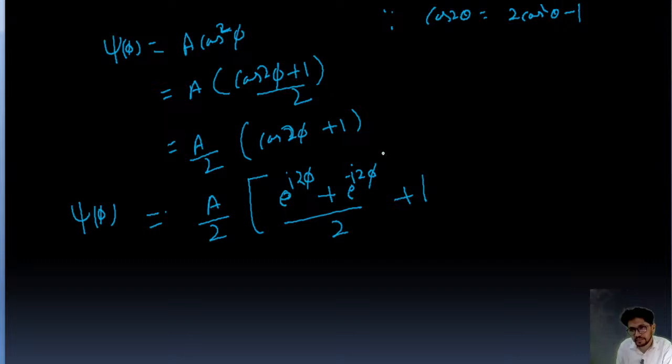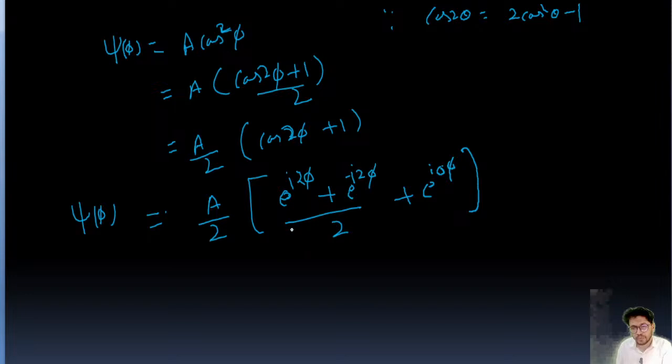We can also write 1 as e to the power i 0 phi, right? Because e to the power i 0 phi value is 1, and cos 2 phi is (e to the power i 2 phi plus e to the power minus i 2 phi) by 2, right?